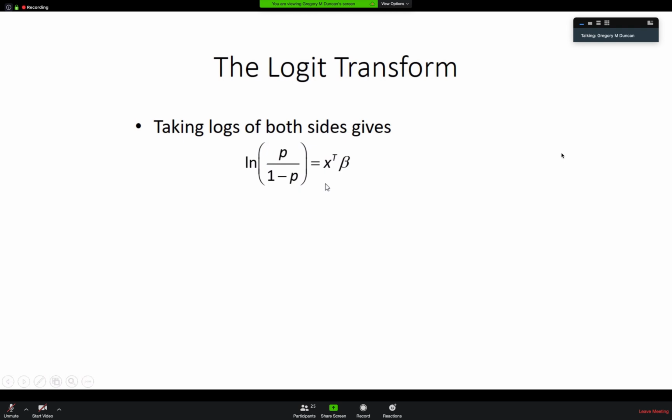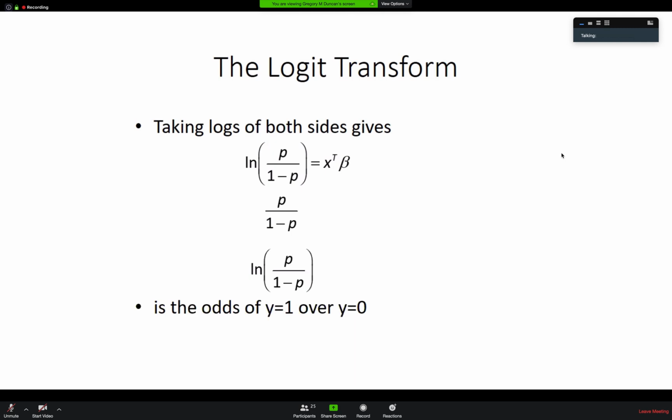Take the logs of both sides, and what you get is a linear function. So the log of this thing is a linear function of the x's. Remember, what we're trying to do is explain this model.